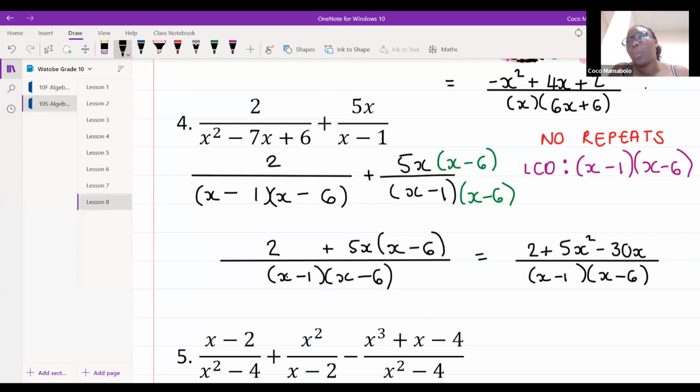Ma'am, I was asking about the 5x bracket x minus 6. I was asking if x minus 6 and the x minus 6 at the bottom cancel each other, or must we solve the 5x bracket x like what you did next to the equal sign? Why can I not cancel this one and this one?